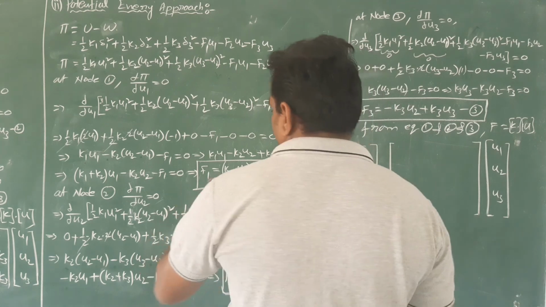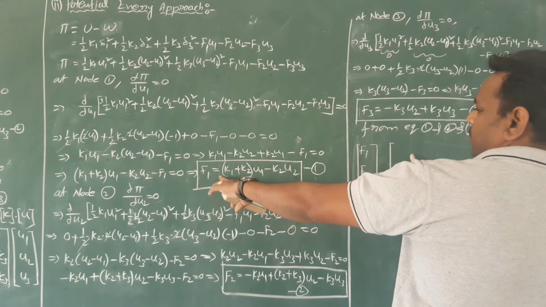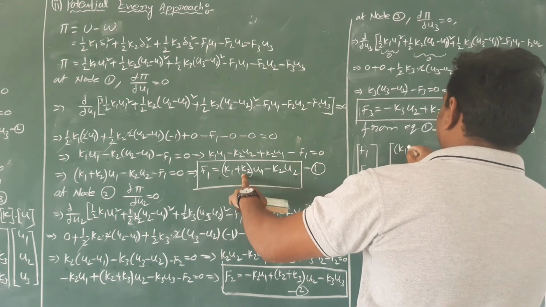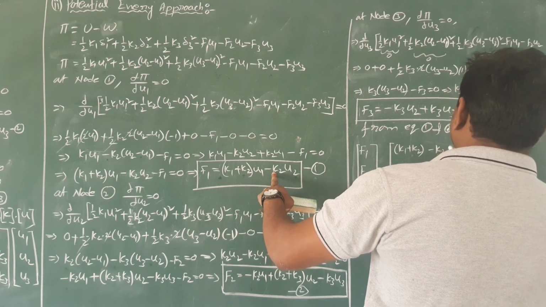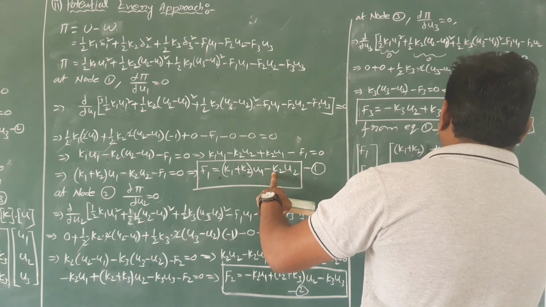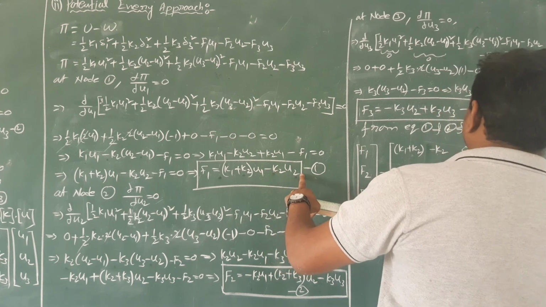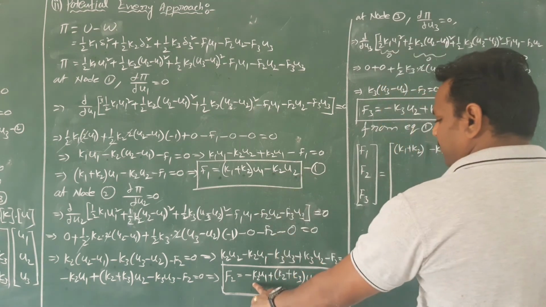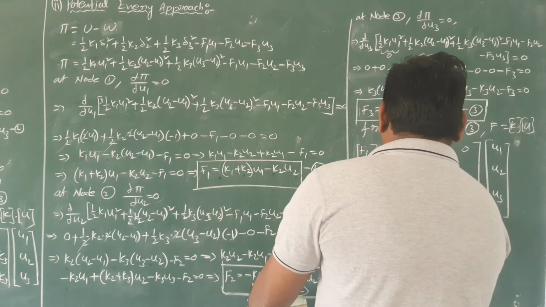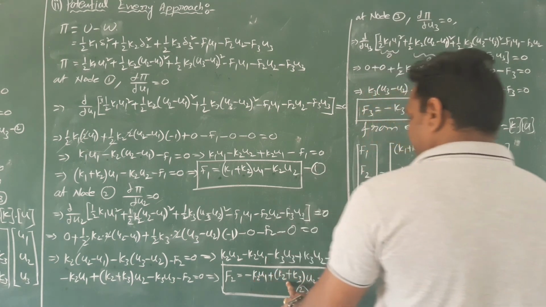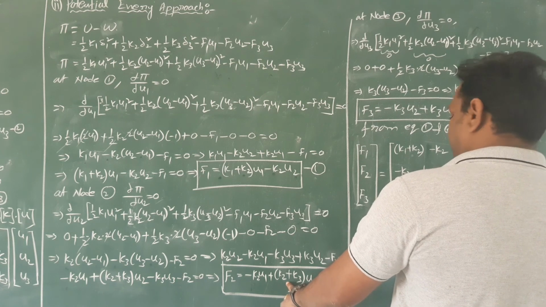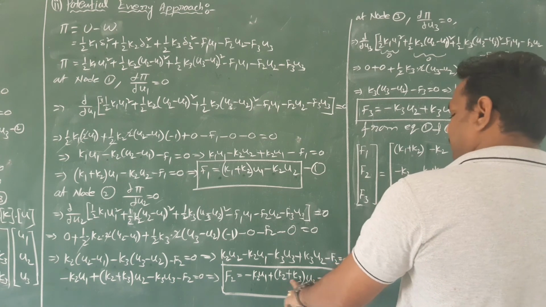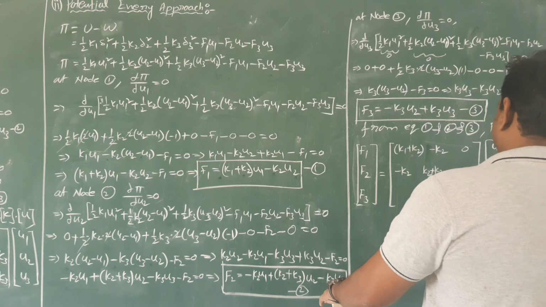Here the first equation, f1 is equal to k1 plus k2 and minus k2, and k3 is 0. Second equation, minus k2, k2 plus k3, and minus k3 only.